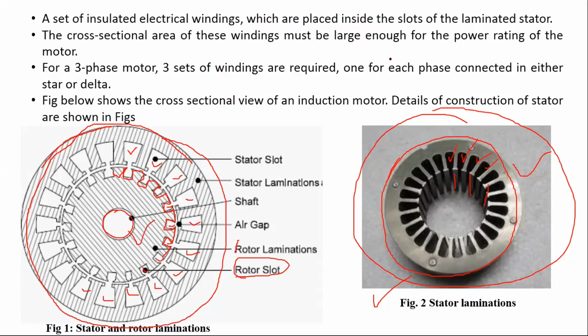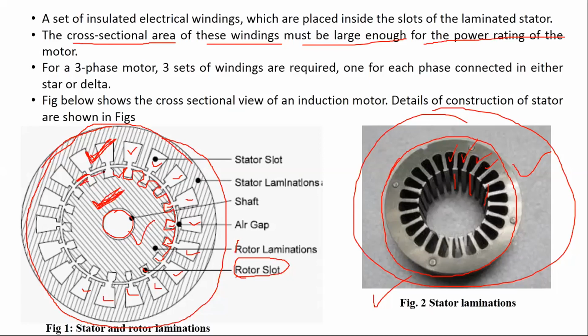So the cross-sectional area of these windings must be large enough for the power rating of the motor. Now you can also see that this part is the stator part, and this belongs to the rotor. Between the stator and rotor you have a very small air gap. You can see here this one and this one.